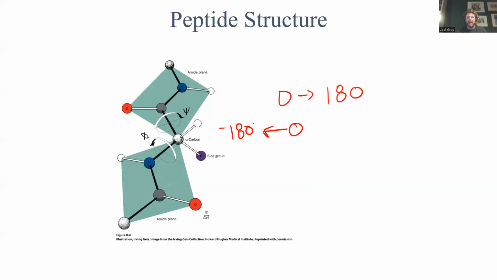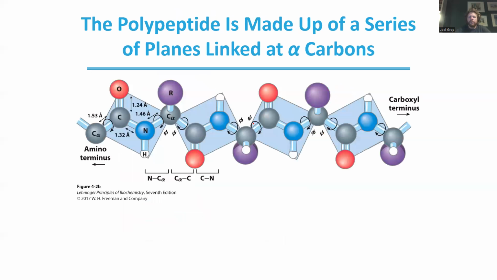If it's going so-called backwards, it would be negative 180, for instance. So with that said, these two planes can rotate opposite one another, and they're going to rotate and find a stable configuration. A stable combination.